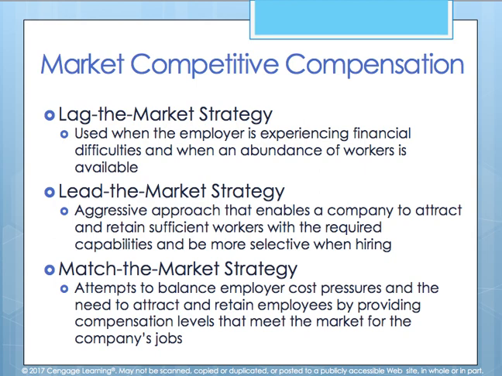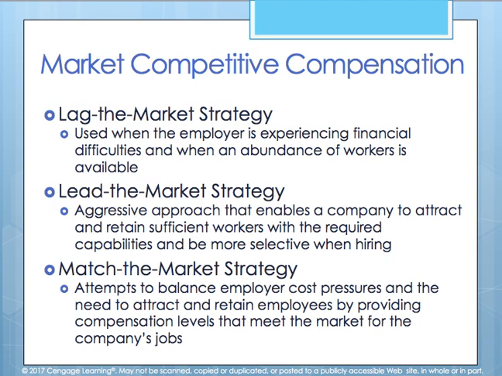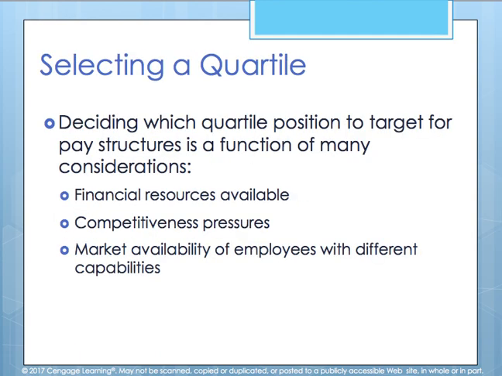So let me show you again how that looks. See that? So 75% of other companies pay more than you, and about 25% pay less than you. See? Those are the three strategies explained to be more competitive in the marketplace.